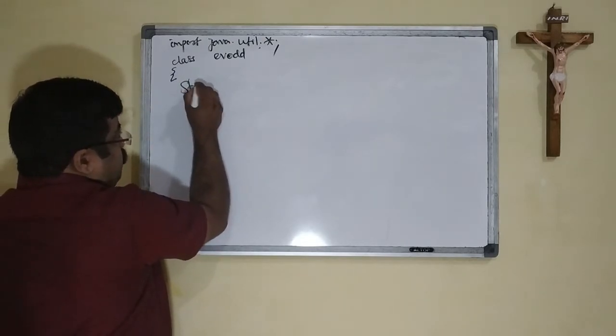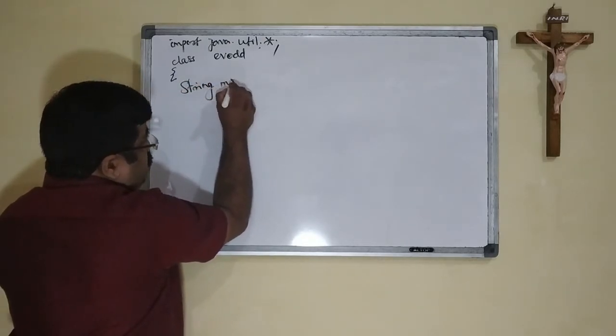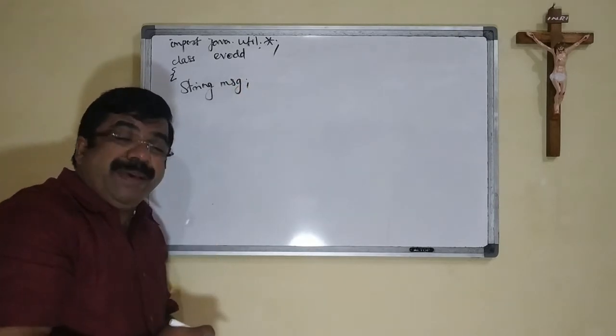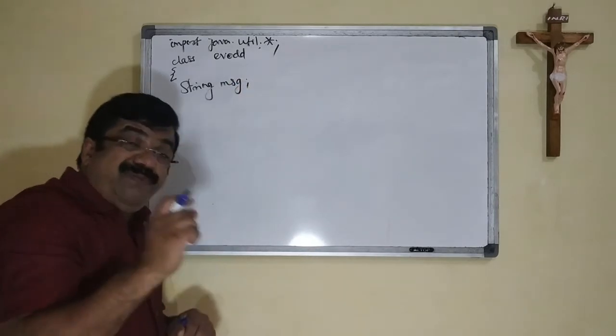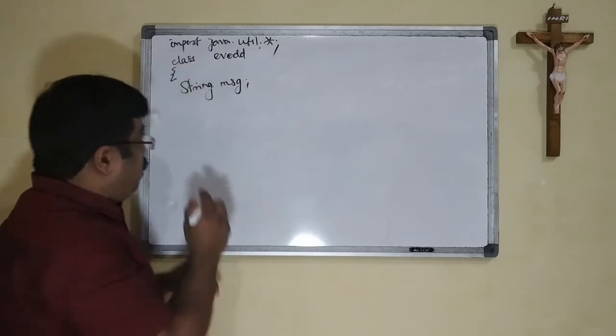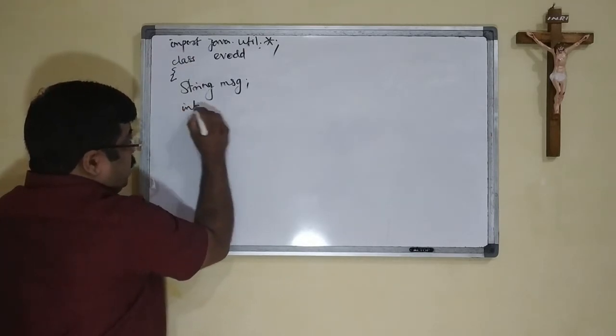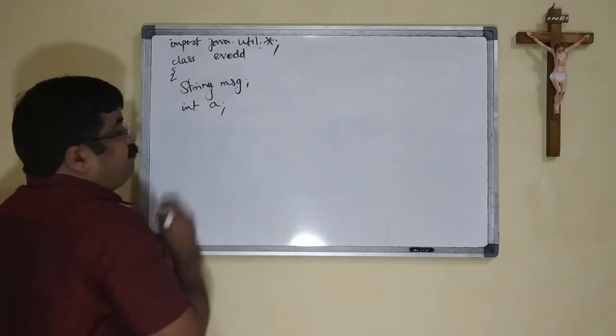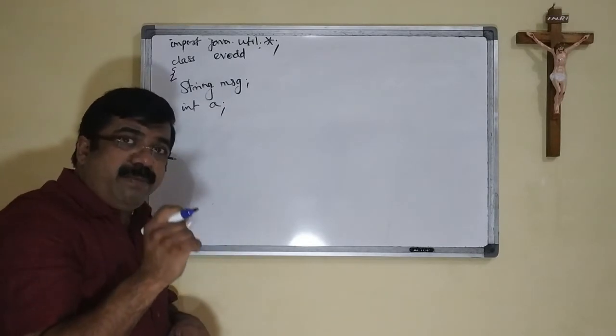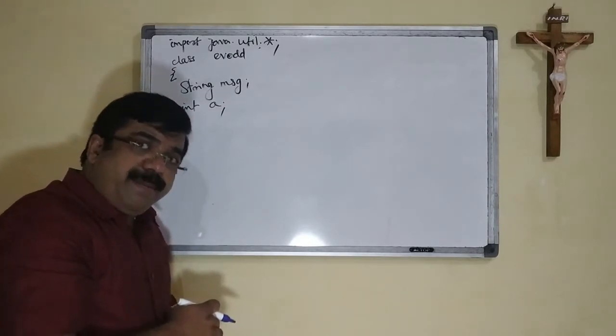String MSG, this is for the message, and we have to input a number, so declare the variable for that. A is the number which we are going to input from the keyboard.